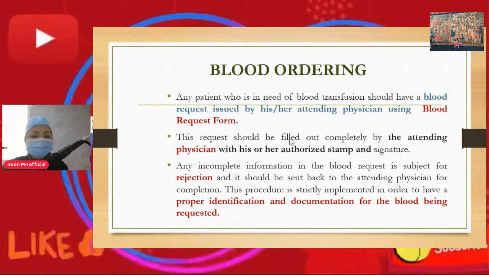This request should be filled out completely by the attending physician with his or her authorized stamp and signature. Any incomplete information in the blood request is subject to rejection and should be sent back to the attending physician for completion. This procedure is strictly implemented in order to have proper identification and documentation for the blood being requested.